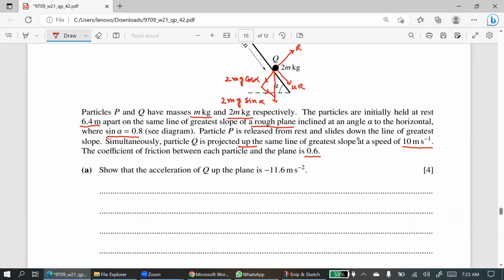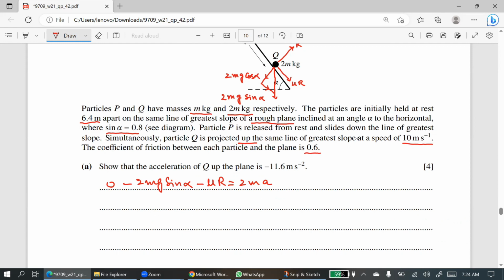Now we will use the second law of motion, F is equal to ma. The force in the direction of motion is 0. The force opposite to the direction of motion is 2mg sin alpha, and mu R is also opposite. Minus mu R is equal to m into a. Here mass is 2m.